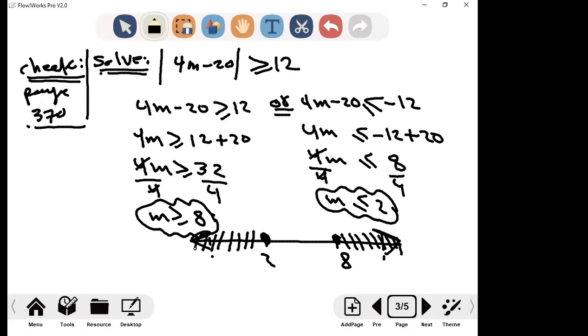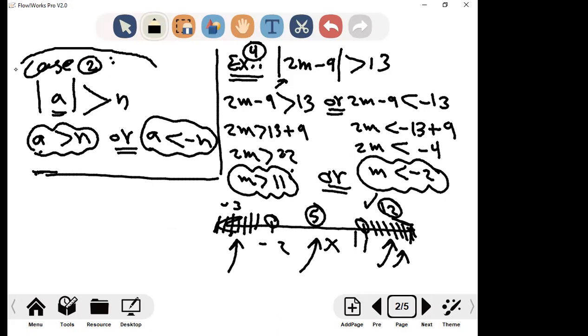Please copy the check and the case. Copy the check and the case. This is the case here. Are you copying the check? Sorry, the case number 2. Did you copy it? Right.